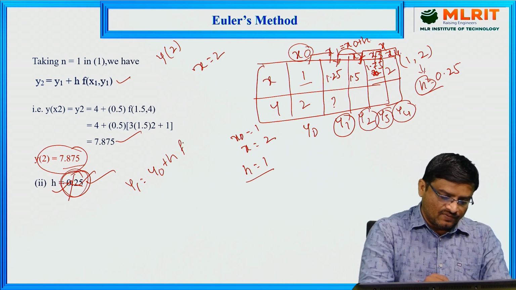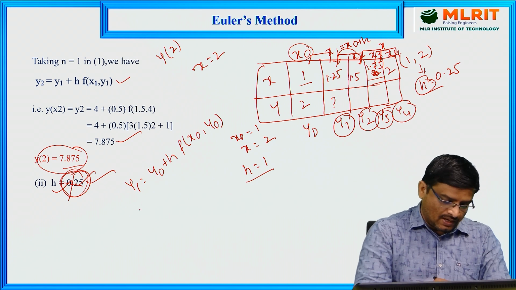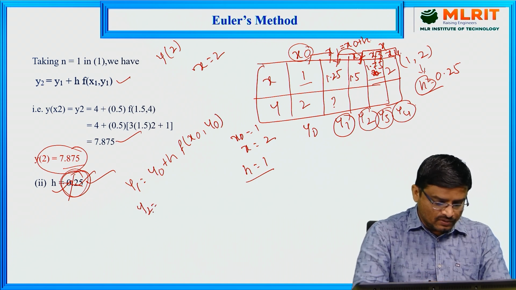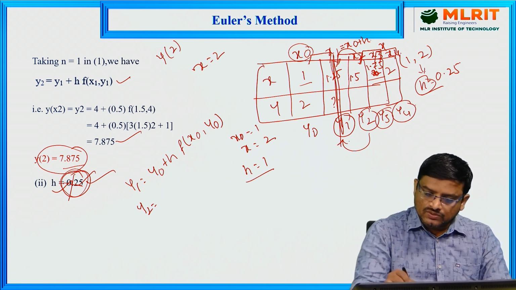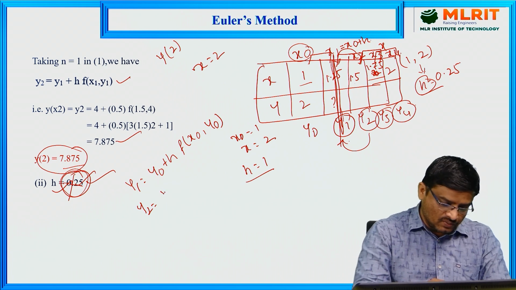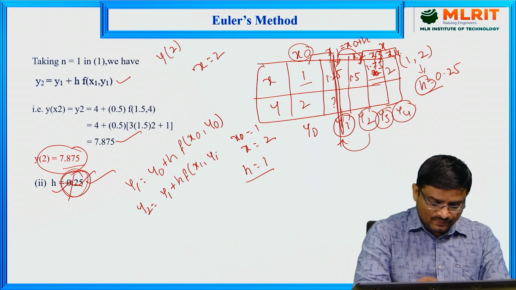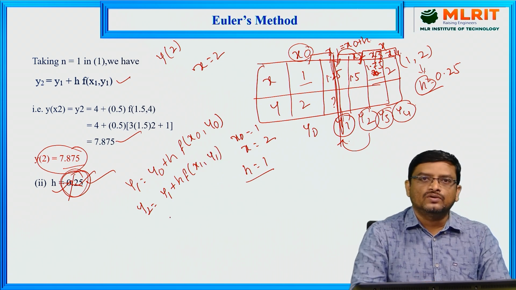Next, whenever we want to find y2, we have to consider its previous values. Our previous values are x1 and y1. So replace y0 with y1: y2 is equal to y1 plus h into f of x1 comma y1. This is the formula we will use to find y2.